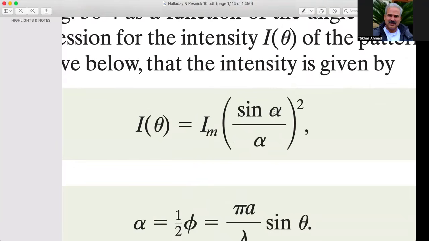And the second thing is it's also related to sine alpha, but sine alpha is sinusoidal. Because of this sine wave, we see bright and dark. But because of this alpha, as you see that this is squared, so it never goes to the negative side. The intensity is always positive.